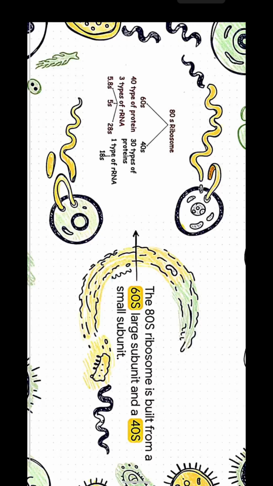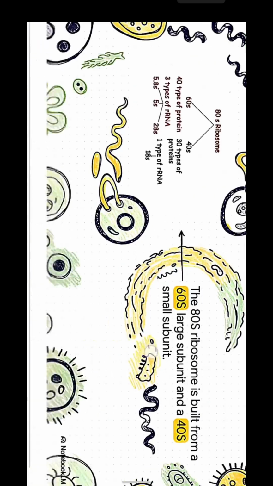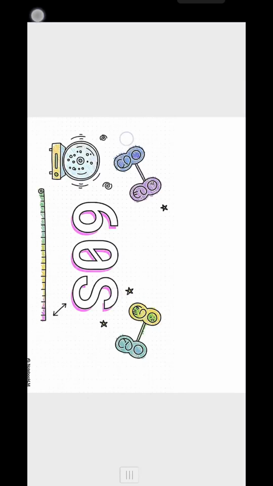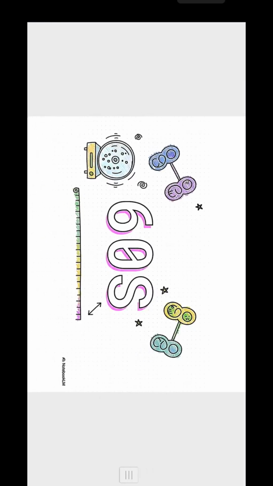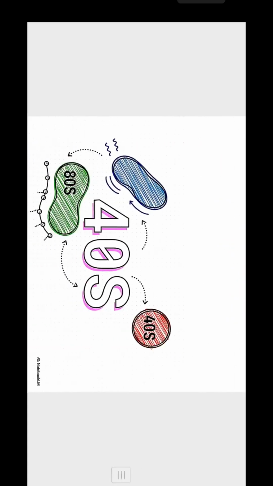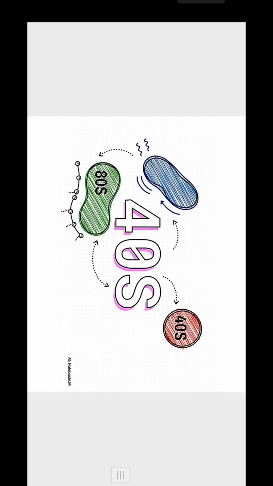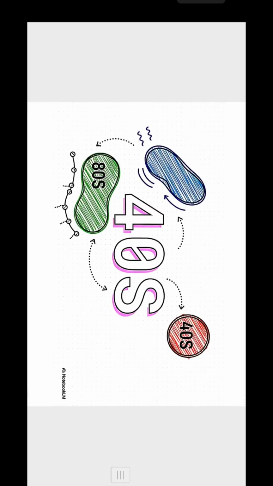The smaller subunit contains 30 types of proteins and 1 type of rRNA, that is 18S. These combine together to form the 80S type of ribosomes.